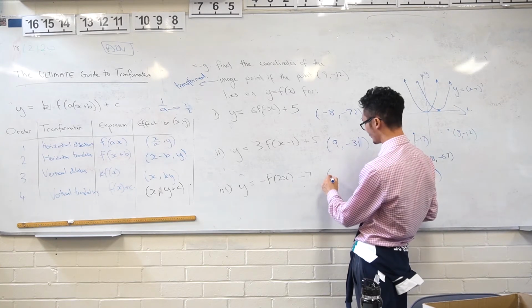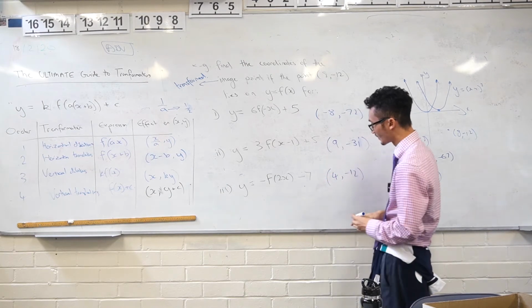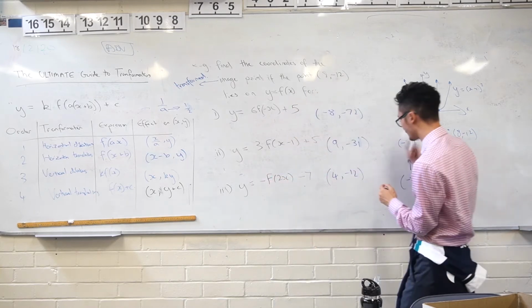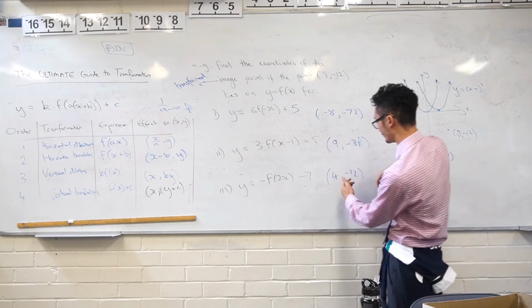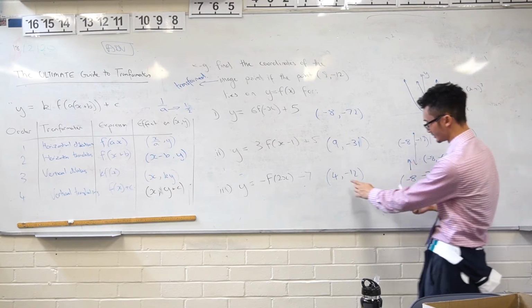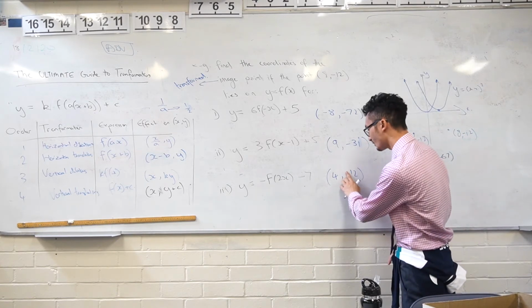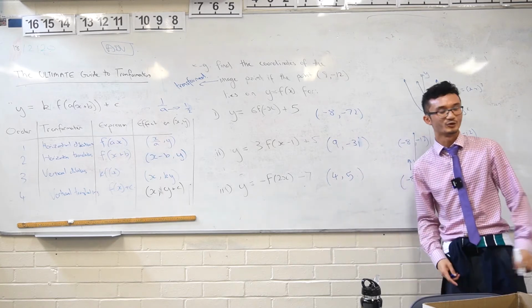So we go from 8, negative 12, halving the x value to 4, negative 12. Now we've got a vertical dilation here. We're reflecting in the x-axis. So that's going to become positive 12. And then we take away 7. So 4, 5 is our transformed point.